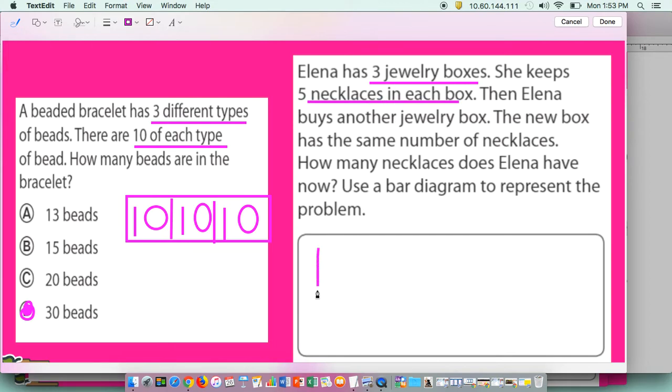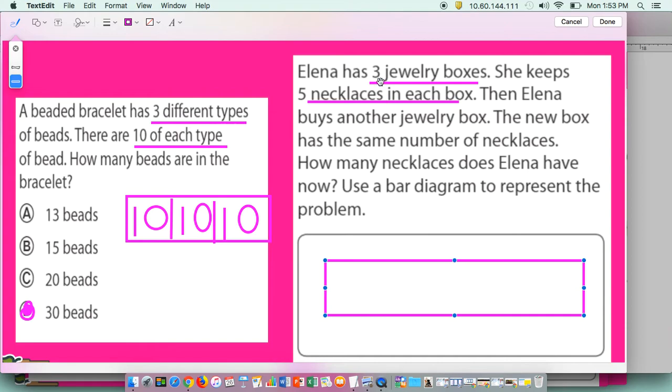So I'm going to do the bar diagram: 3 jewelry boxes, so I'm going to make 3 boxes. And who can tell me how many necklaces in each box?